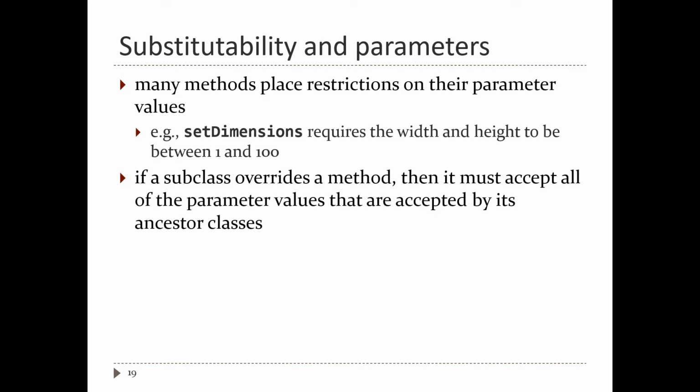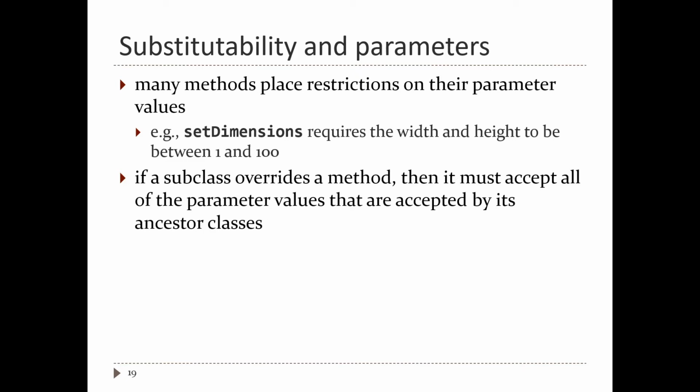Many methods, such as setDimensions, place restrictions on their parameter values. So setDimensions requires the width and height to be between 1 and 100. If a subclass overrides a method, then it must accept all of the parameter values that are accepted by its ancestor classes. Now, what does that mean?